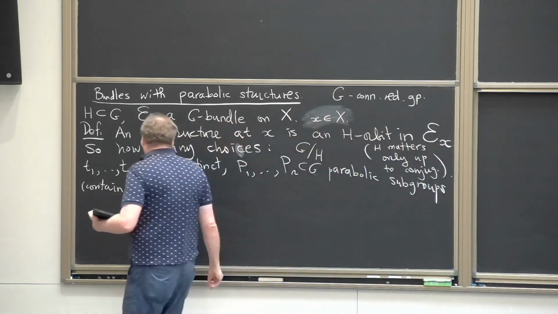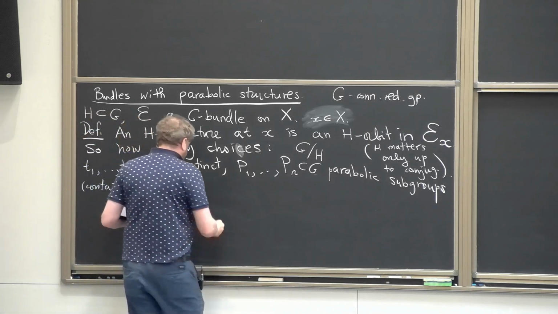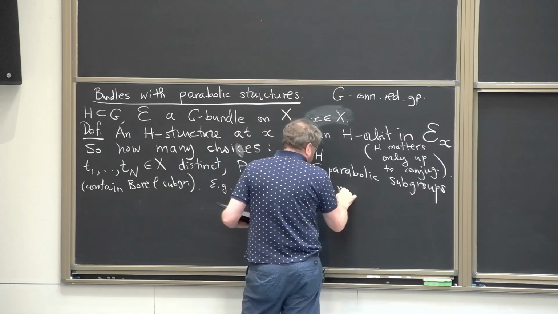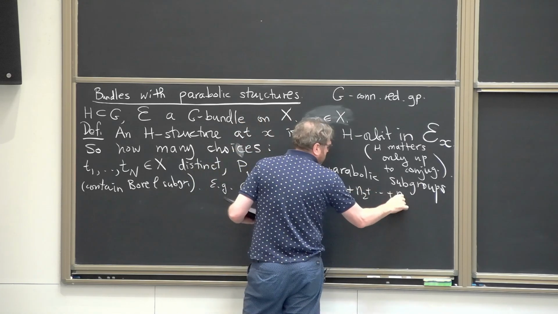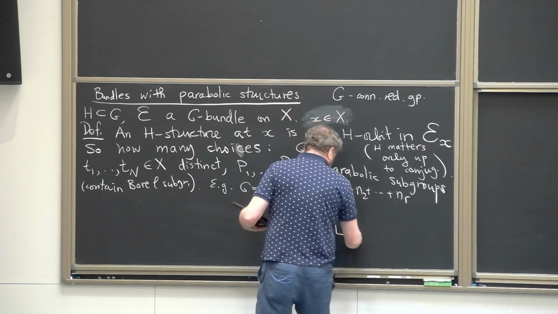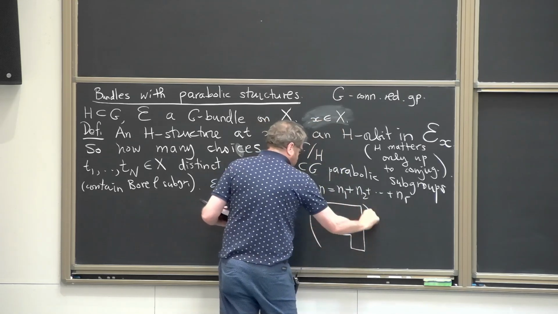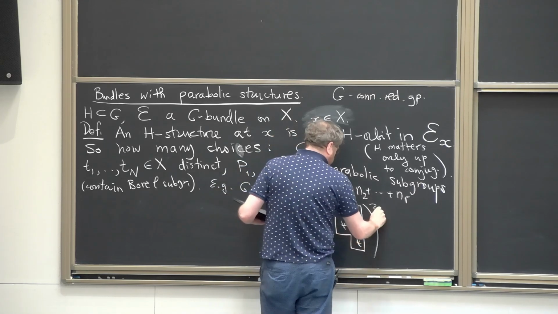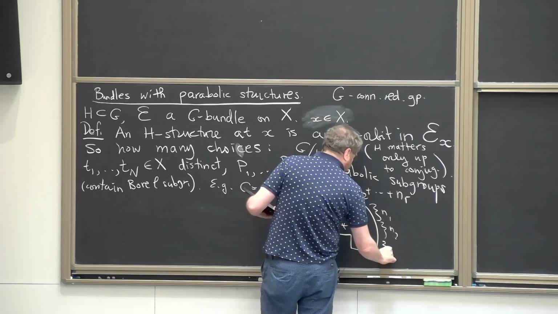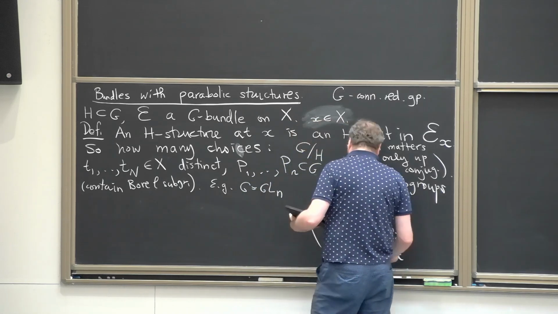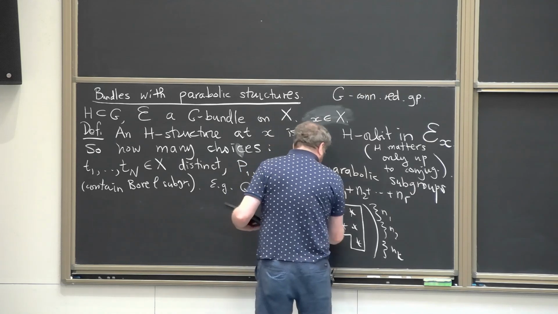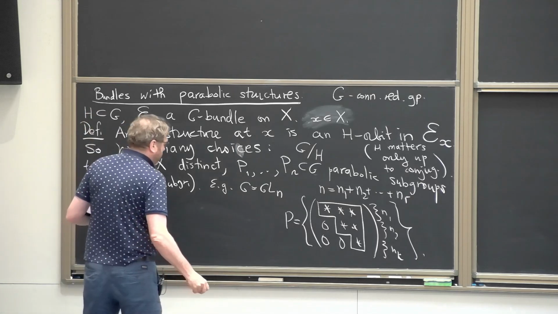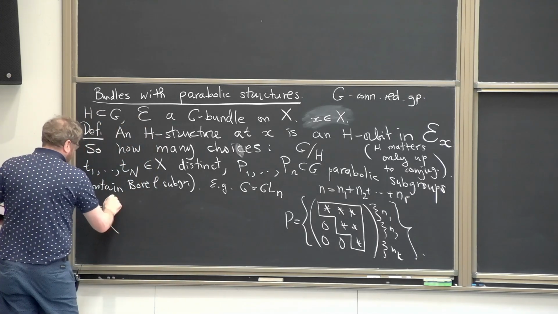For example, for GL_N, if you have a composition n equals n_1 plus n_2 plus up to n_r, then the parabolic subgroup corresponding to this composition is the set of all matrices of this block form, with the first block of size n_1. So this is the corresponding parabolic subgroup. In particular, the smallest parabolic subgroup is the Borel subgroup, which is the upper triangular matrices.